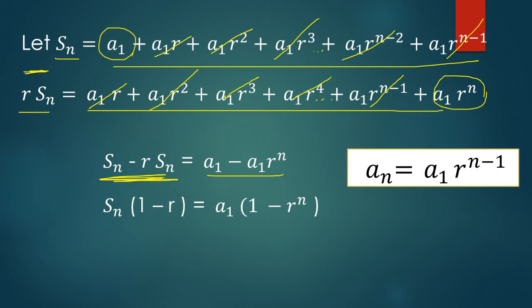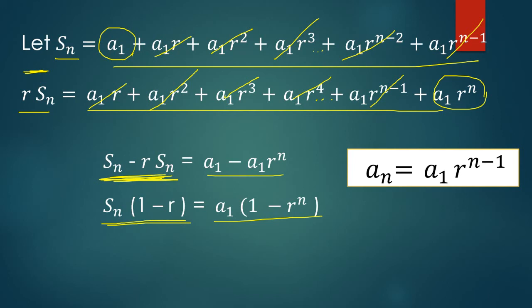So we can rewrite it as Sn times 1 minus R. As well as here, we have a common term A1, so we have A1 times 1 minus R^n.